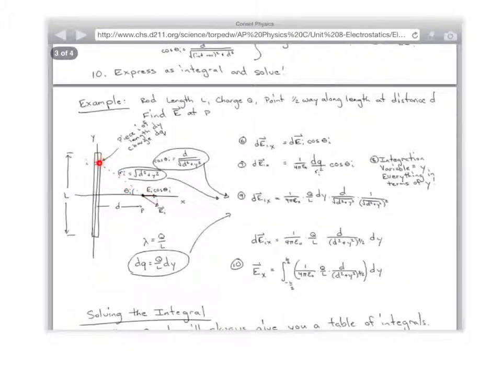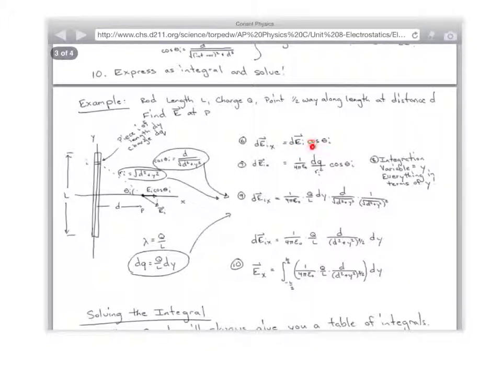Because the field created by this would be perfectly balanced by a point down here that would create a field up, and so the up and down parts cancel out. And so it's just the E cosine theta that we care about. All right? So the field that we care about, dE in the x direction, is actually dE cosine theta. So that's how I'm going to start this problem: dE_x in the x direction is equal to dE cosine theta.